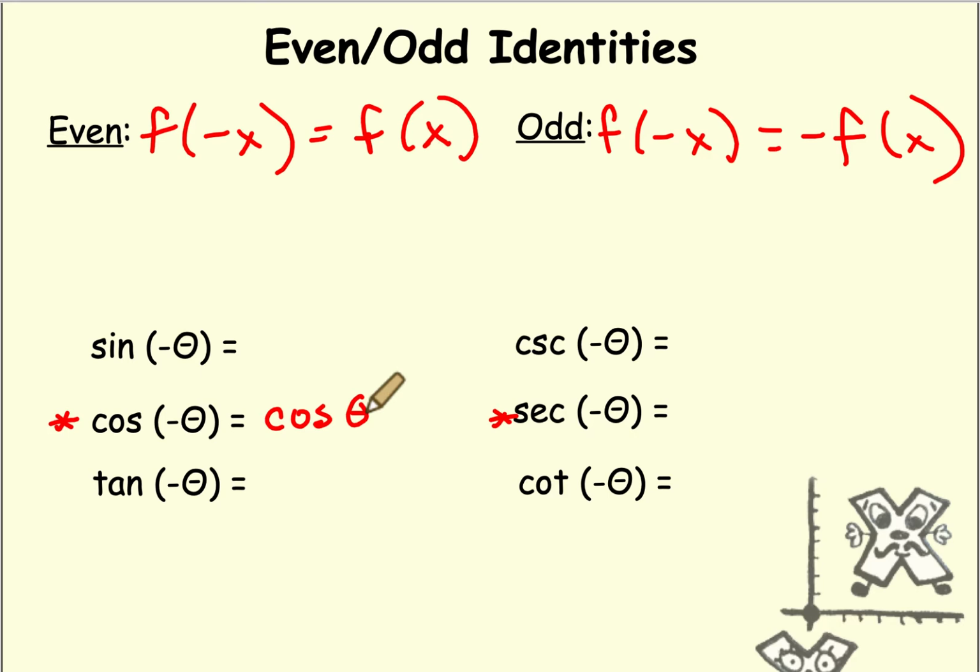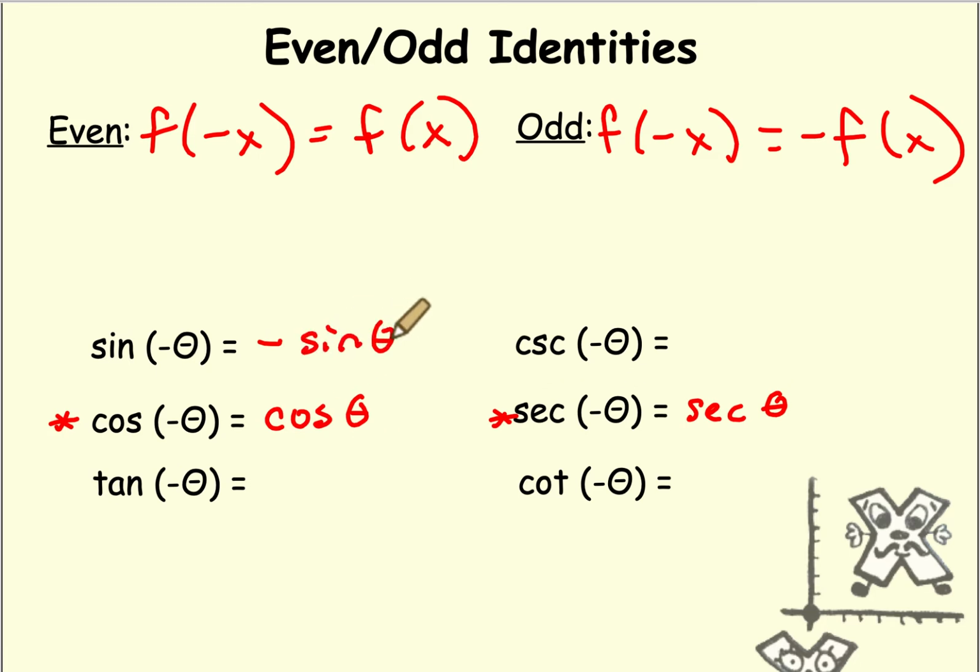Same thing for secant. If I evaluate the secant of a negative angle, I'm going to get the secant of its opposite. Okay, sine, cosecant, tangent, and cotangent are all odd. And so if I take the sine of the opposite, I get the opposite of the sine.